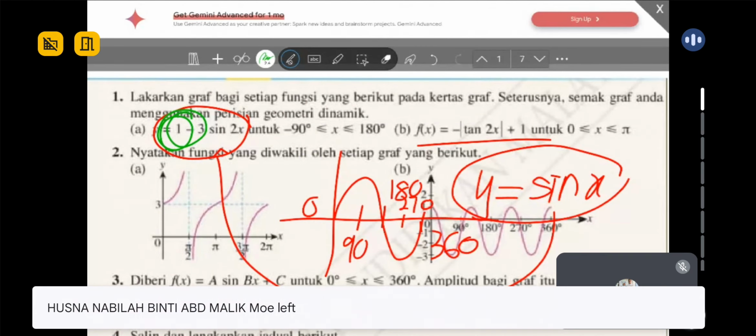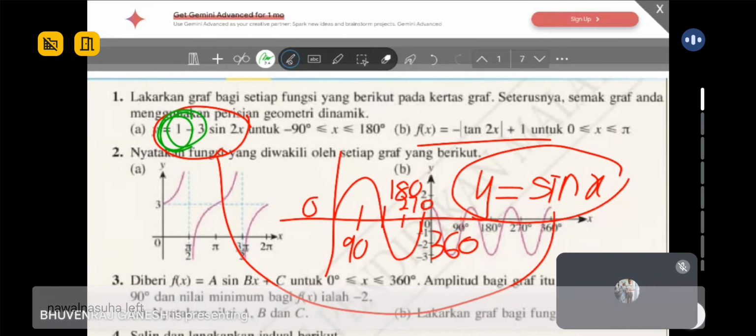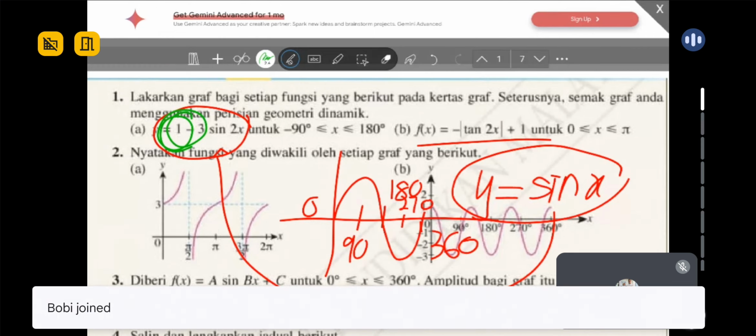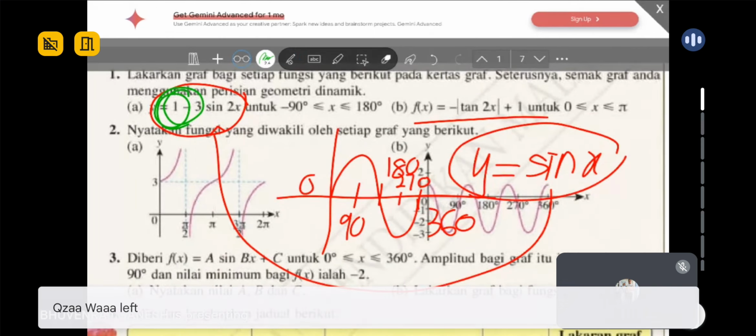It is actually plus 1, so this is also a change. It means you move the graph 1 unit upwards. Kamu gerakkan graph tu 1 unit ke atas. Yang tu dinamakan sebagai translation.